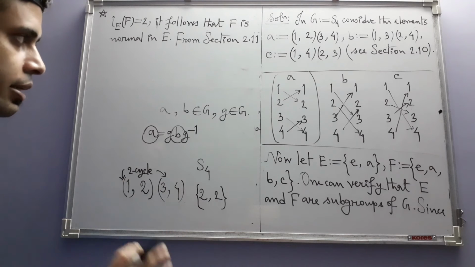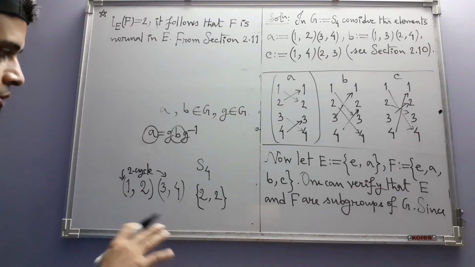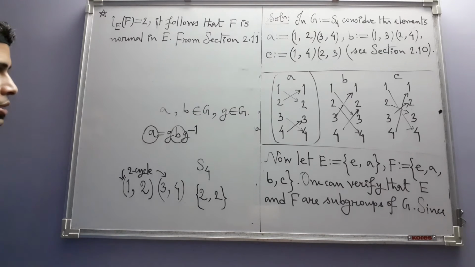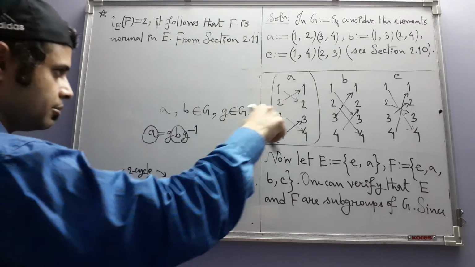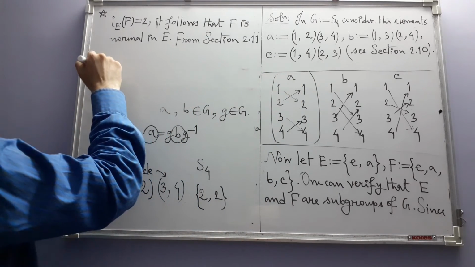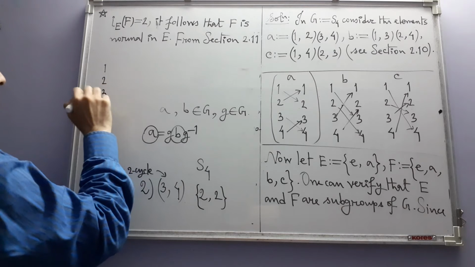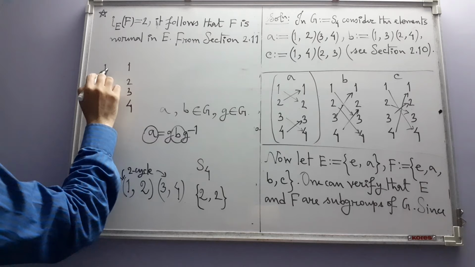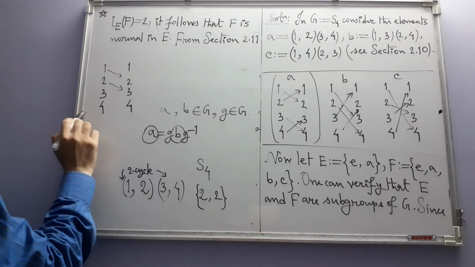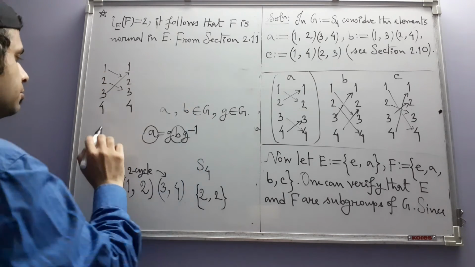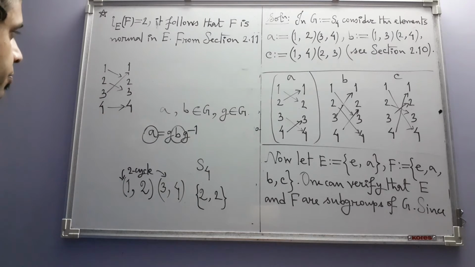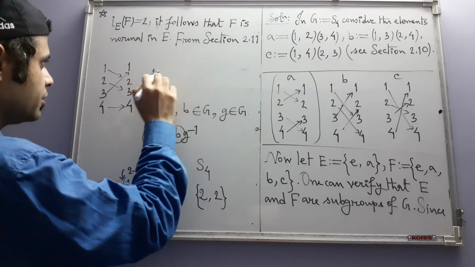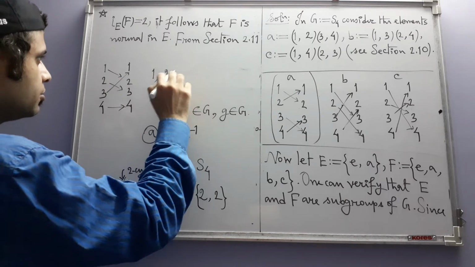In general, the structure can be a product of any number of cycles of any sort of length. For example, we can take another example. In this set itself, say we consider the function 1 goes to 2, 2 goes to 3, 3 goes to 1, and 4 goes to 4. For this permutation, if we start with 1, then the image of 1 is 2, the image of 2 is 3.